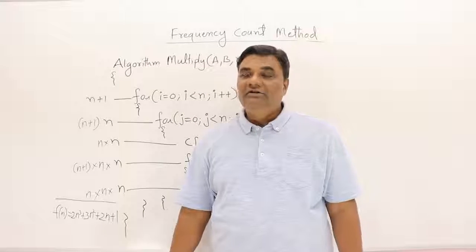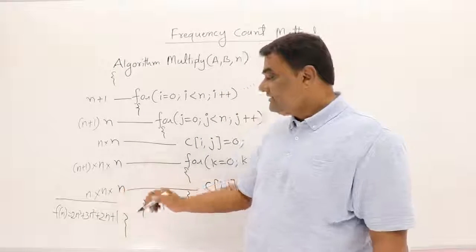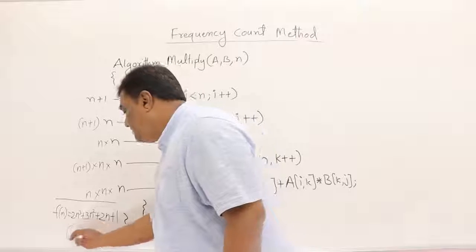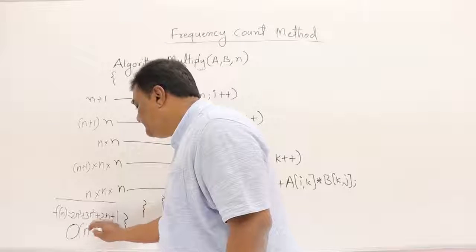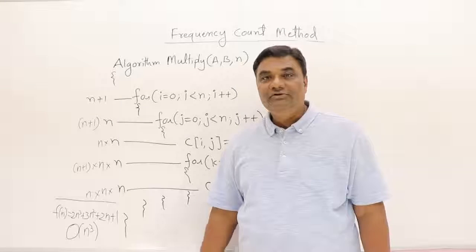Now we got the degree of the polynomial as cube. So the time function is order of n cube.